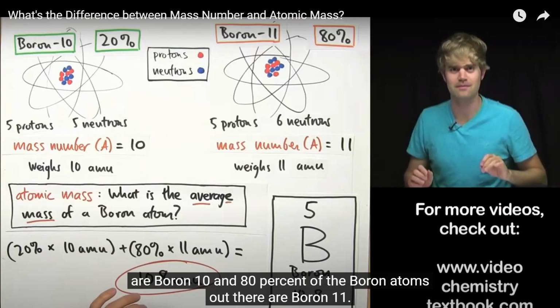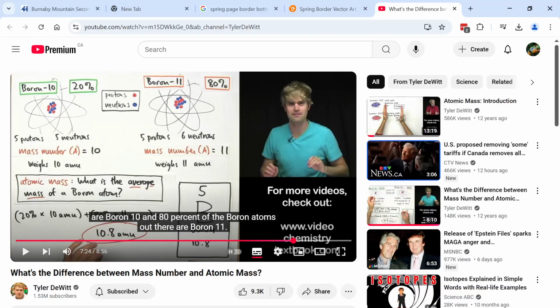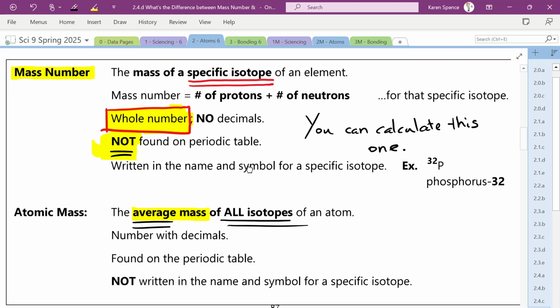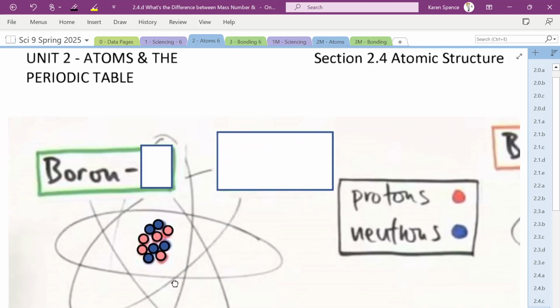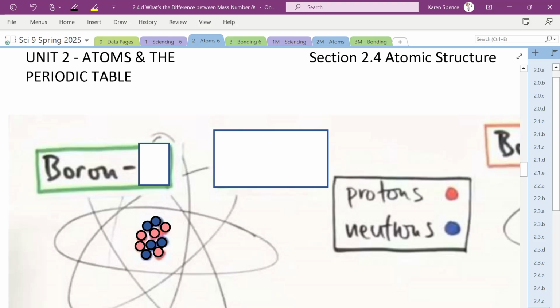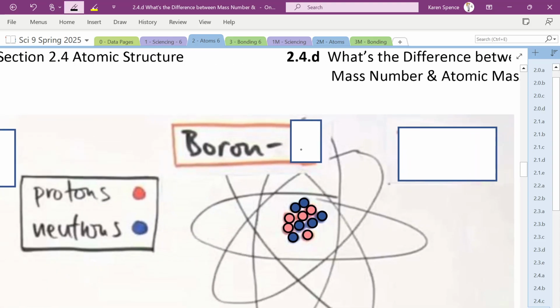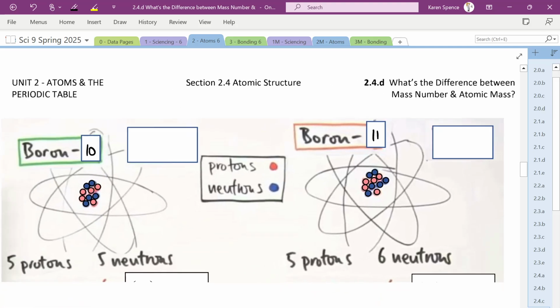Let us just make sure that we got everything on that page. All right, so this is boron 10. And this is boron 11.